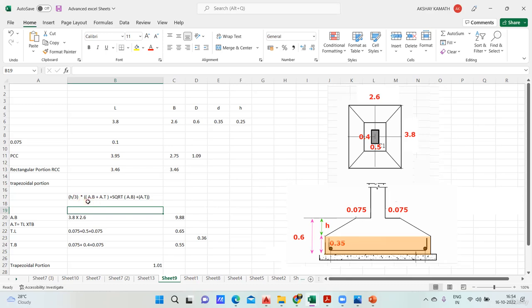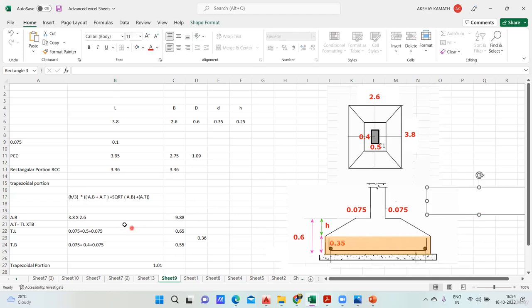AB in the sense of bottom area. What is my bottom area? This is my breadth side area, bottom area. And plus A at T, that is top area. This is my top area. I'll show you here: see, this much part is my bottom area, and this is my top area.